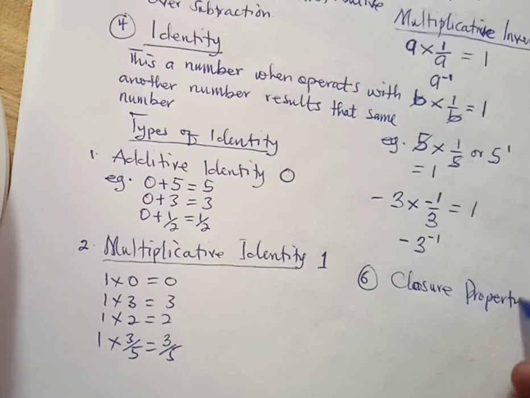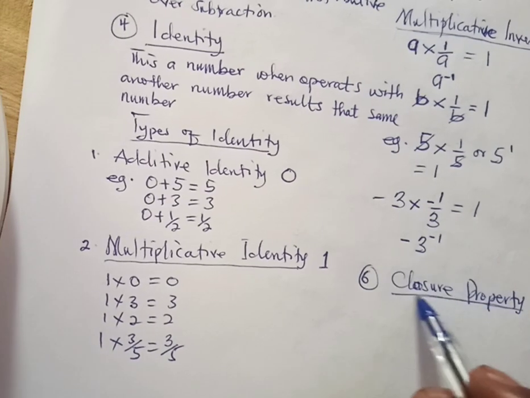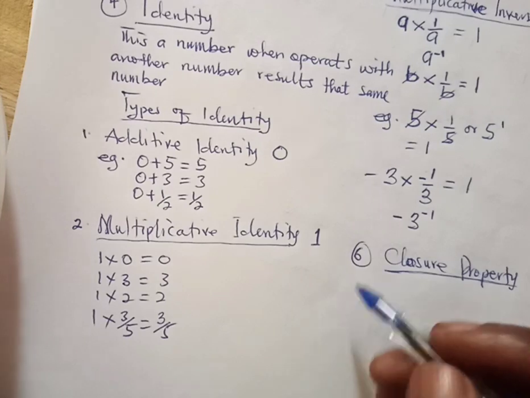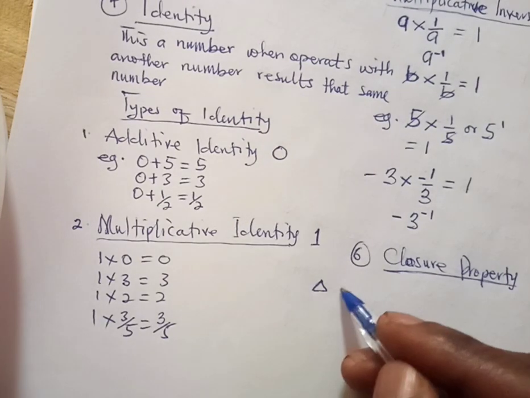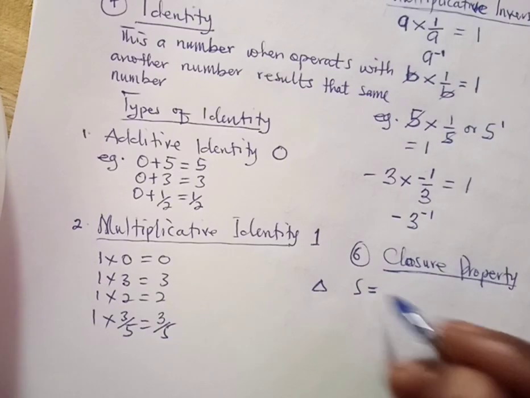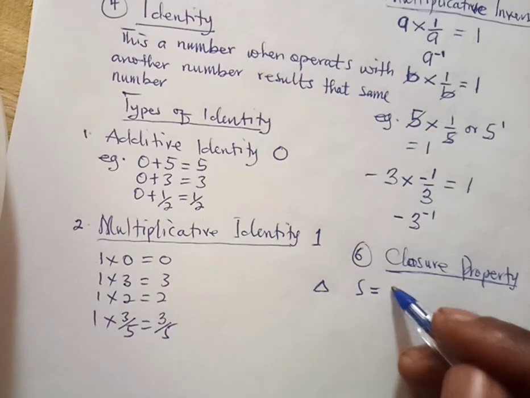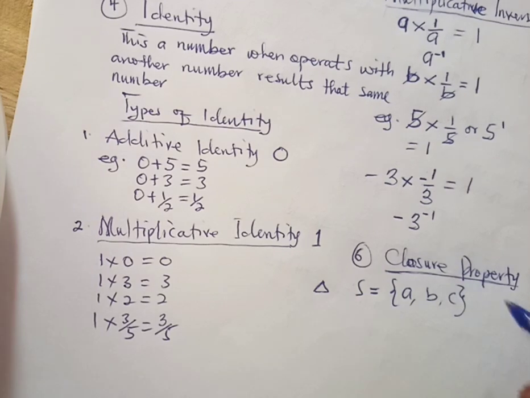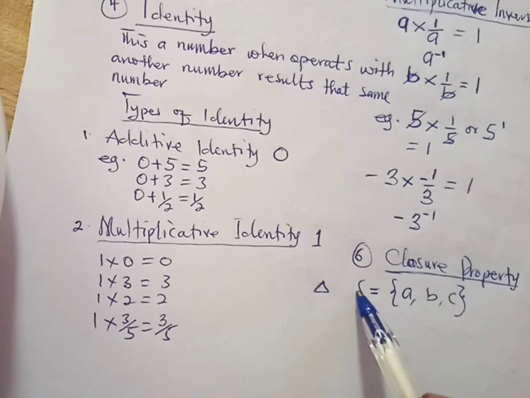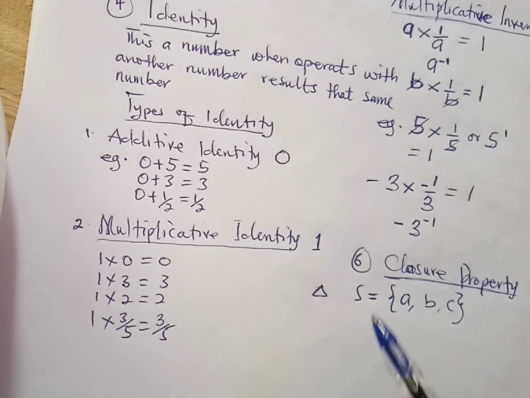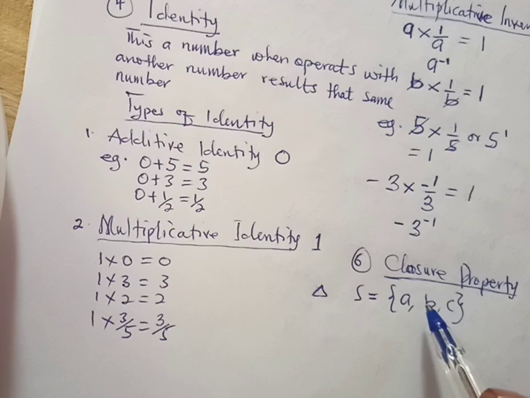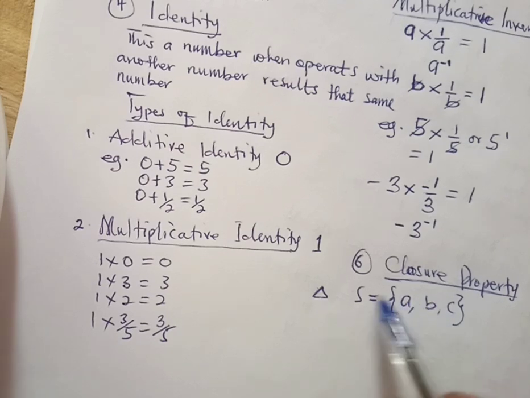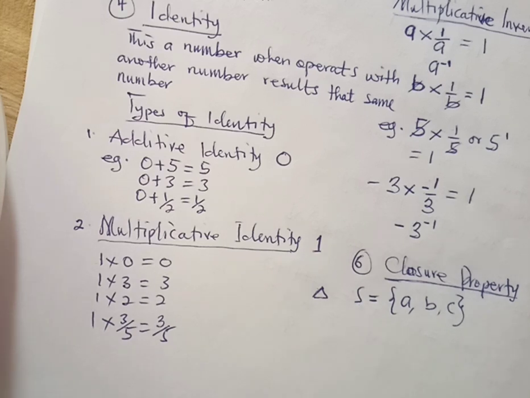For the closure property, what we are saying is, if I give you this operation and I give you a set S, which has elements A, B, C. If this operation is defined on this set S, if I pick two numbers and operate them with each other, then the answer I get must be found in the set which is given.